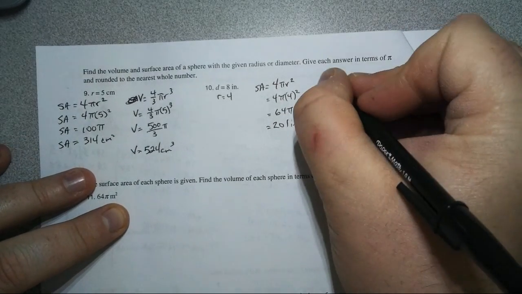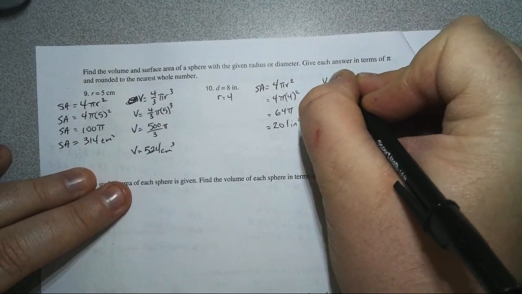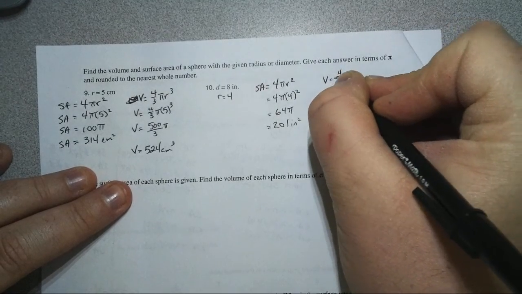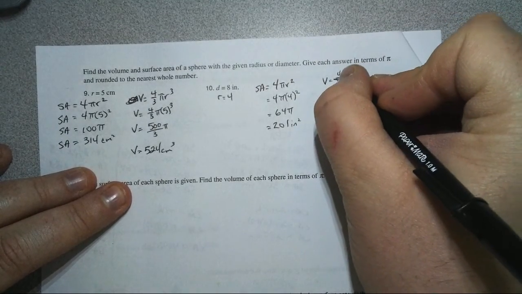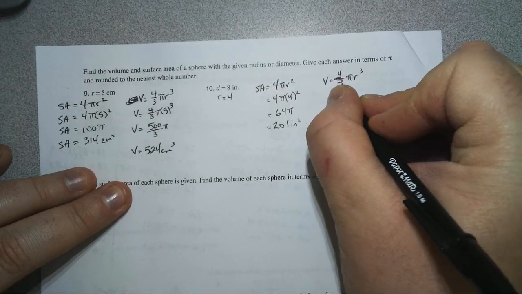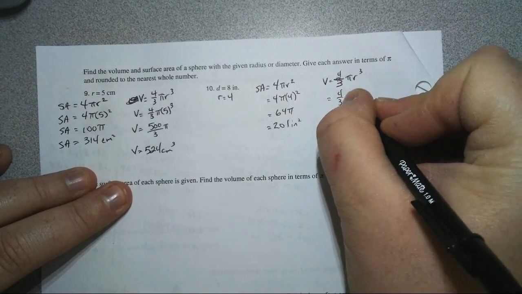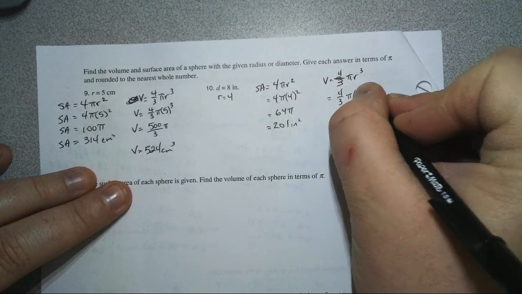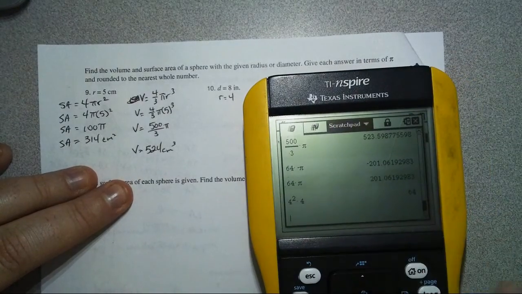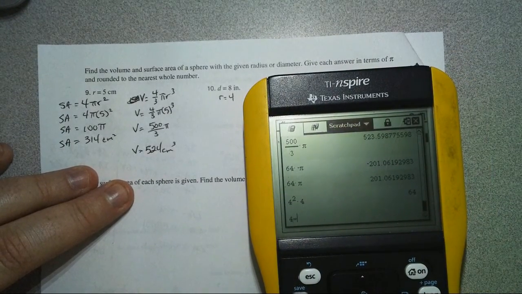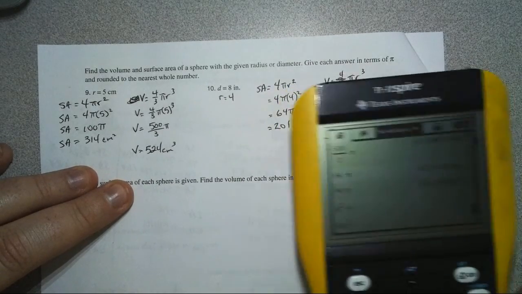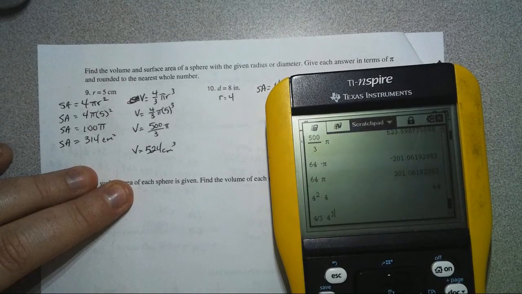Okay. And then the volume is 4/3 pi r cubed. So 4/3 pi times 4 cubed. So that's 4/3 times 4 to the third.